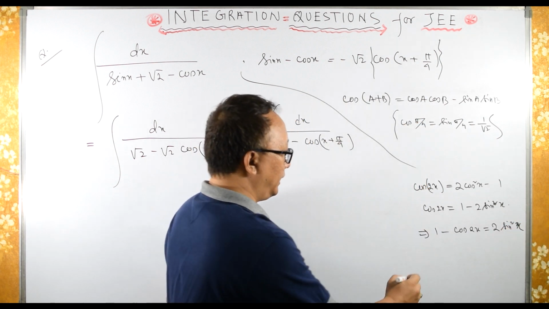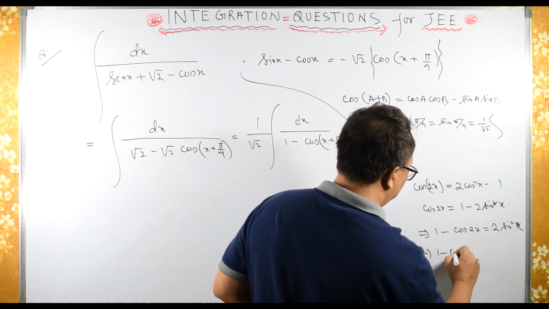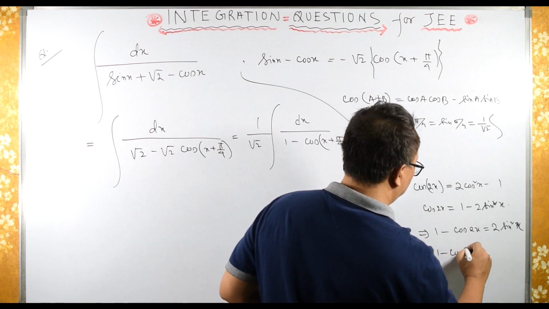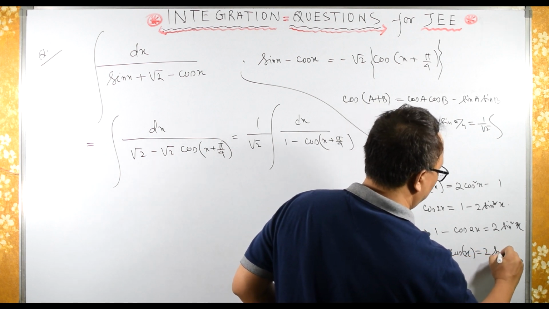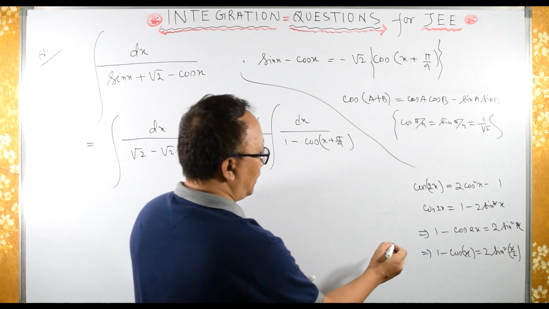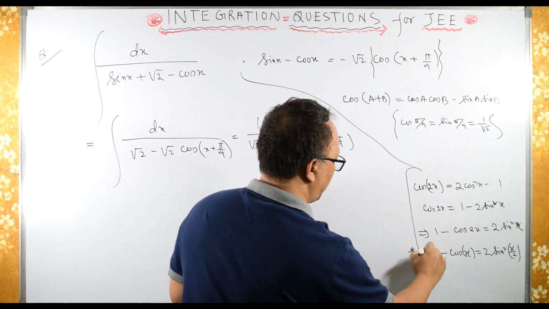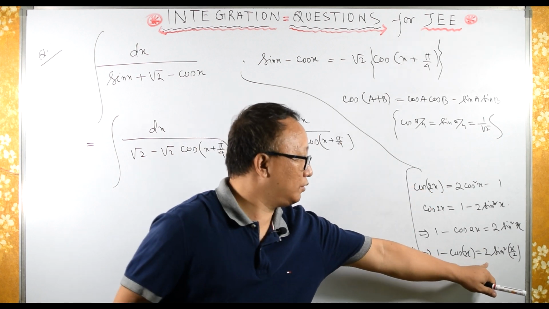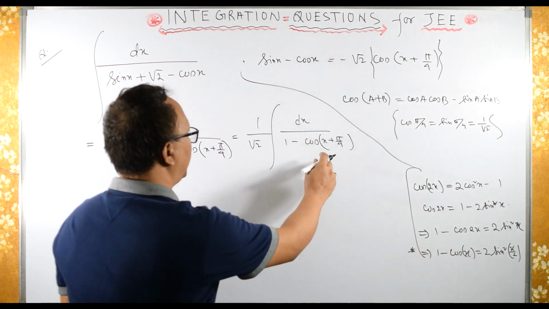It implies 1 minus cos of x is equal to 2 sin square x by 2. Now let's apply this formula: 1 minus cos x is 2 sin square x by 2. Let's apply this formula over here.